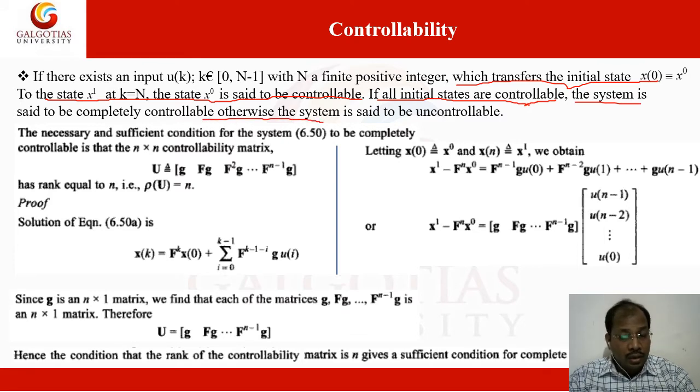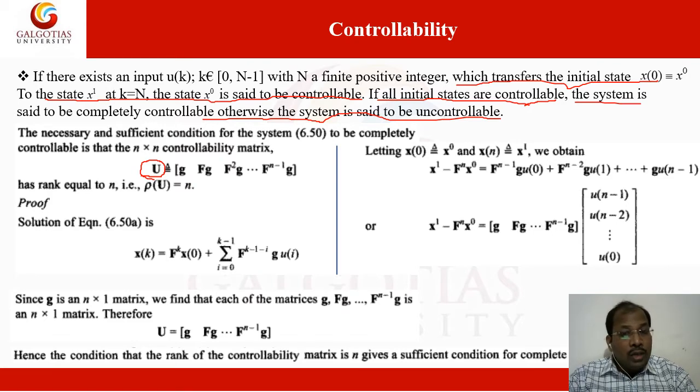Otherwise, if we cannot transfer from the initial state to some other state, then the system is uncontrollable. The necessary and sufficient condition for controllability involves the controllability matrix U, which is represented as U equals G, FG, F squared G, up to F to the power n minus 1 times G. We calculate the U matrix and then take its rank.